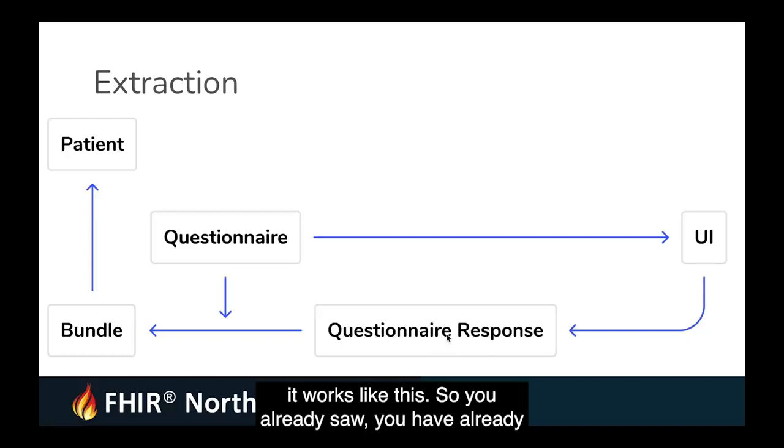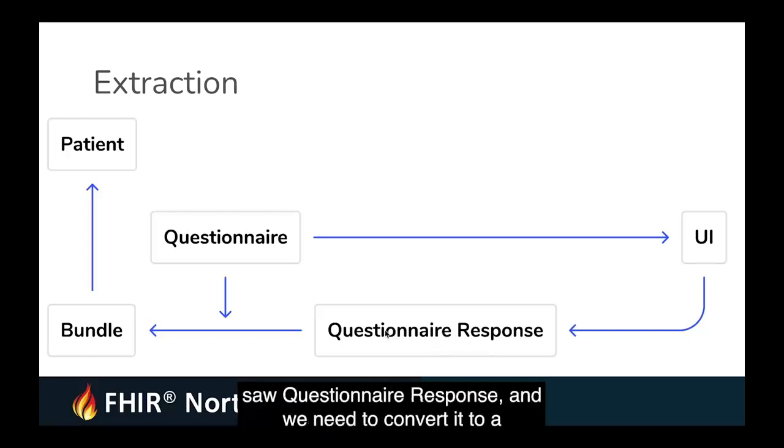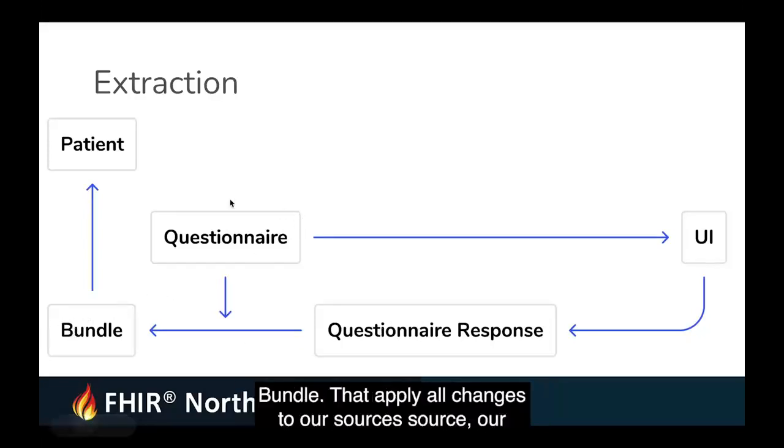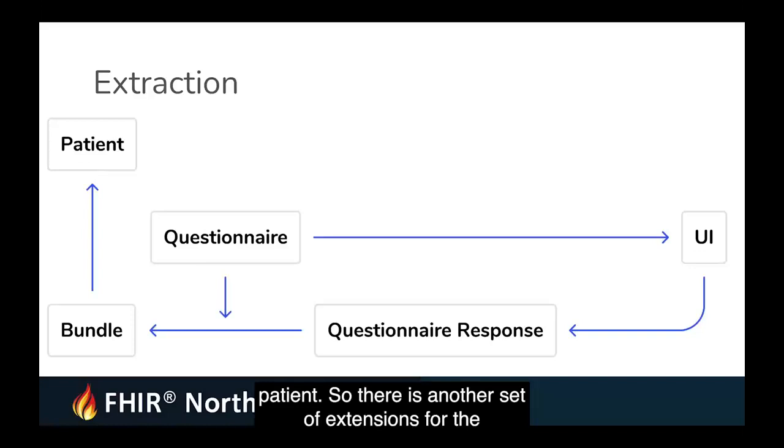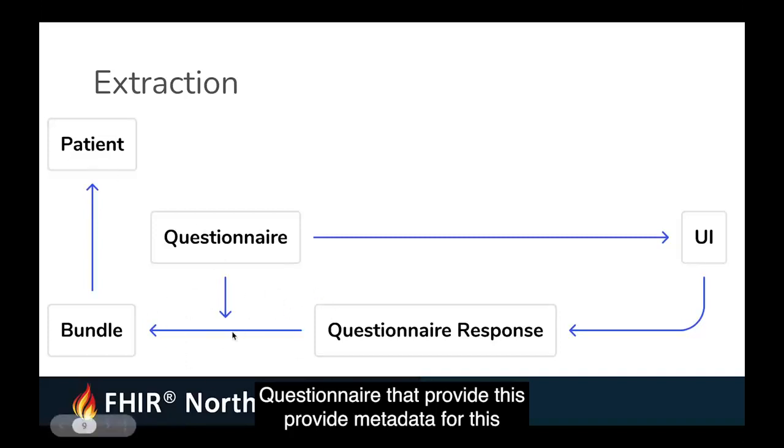You have already seen the questionnaire response, and we need to convert it to a bundle that applies all changes to our source, our patient. So there is another set of extensions for the questionnaire that provide metadata for this transformation.